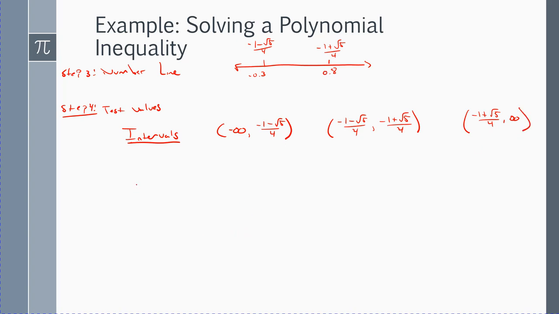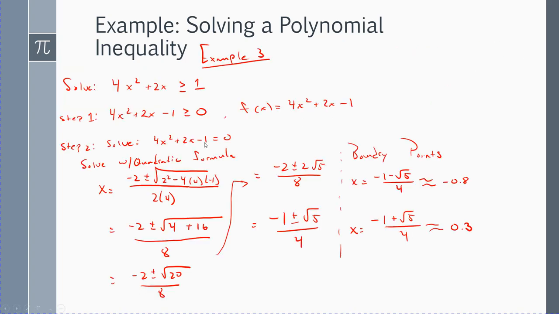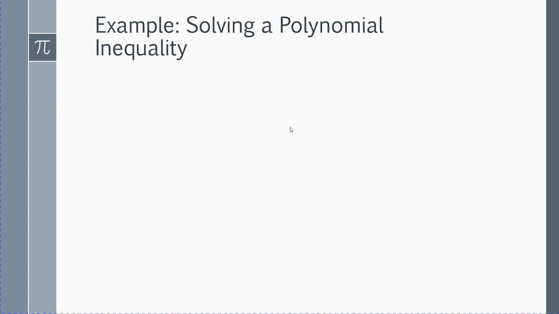So you're going to pick some test values. Make it easy on yourself here. This is -0.8, so I'm going to pick -1. In here, I'm going to pick 0. And in here, I'm going to pick 1. So our function f of x, just so we're clear, I'll rewrite it again, was 4x squared plus 2x minus 1.